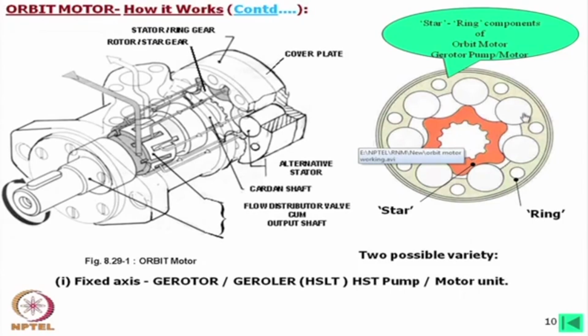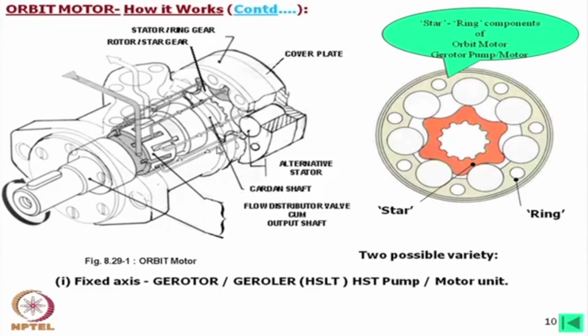Usually a shaft is connected here, the shaft is being rotated and this is also allowed to rotate about its own body, and then you will find these chambers are varying. We need not use a Cardan shaft in that case. Usually the outer member, gerotor or G roller, remains fixed, and this can be used as a pump and motor, because motor action is just the reverse action of the pump.